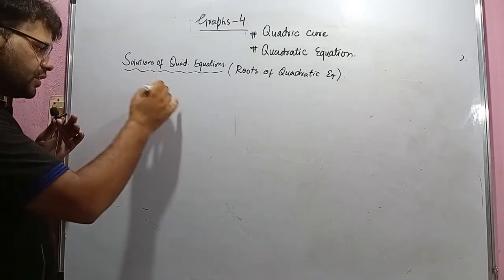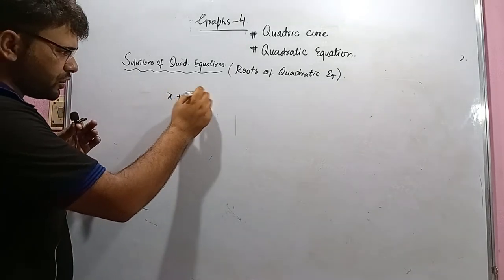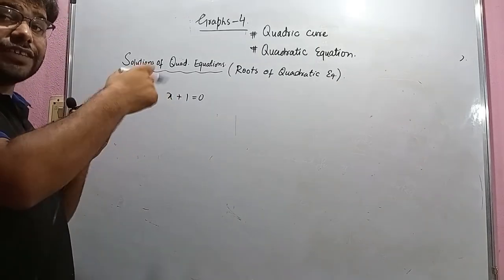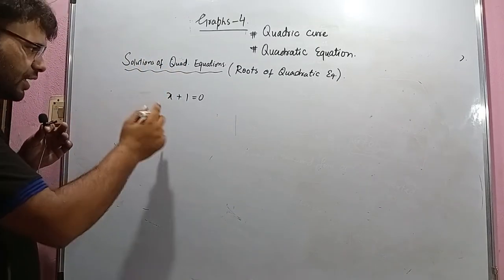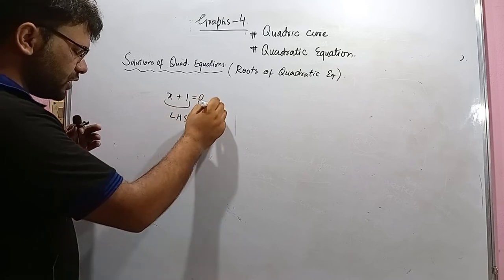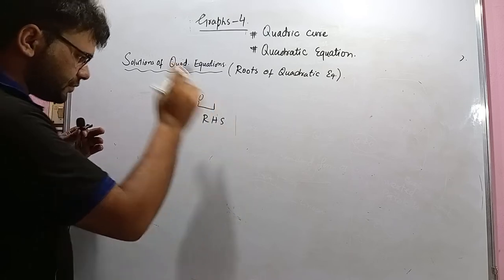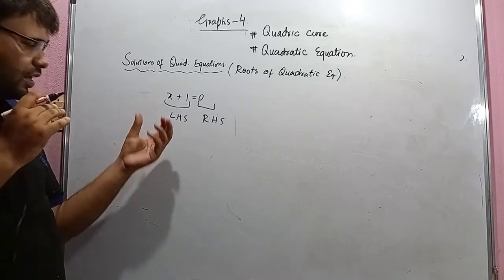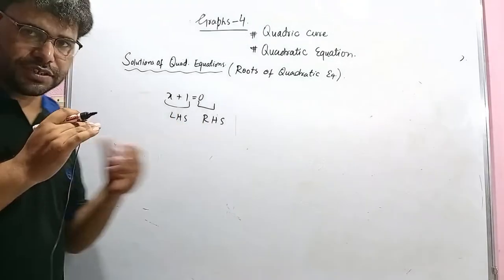If I am writing the linear equation x plus 1 equal to 0, tell me the value of x so that LHS will become equal to RHS. See, what is LHS? This portion is the left hand side, this portion is the right hand side of the equation. What is the value of x so that LHS becomes equal to RHS?